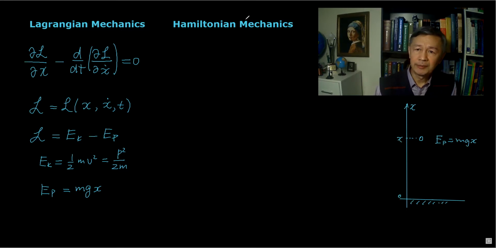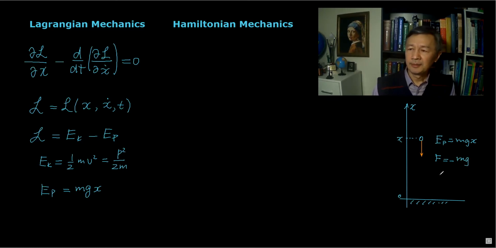So let's just put the force there. So that is force downward. That force is called gravity. So the force downward is negative, mg.